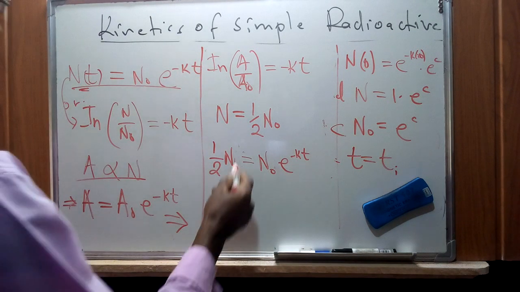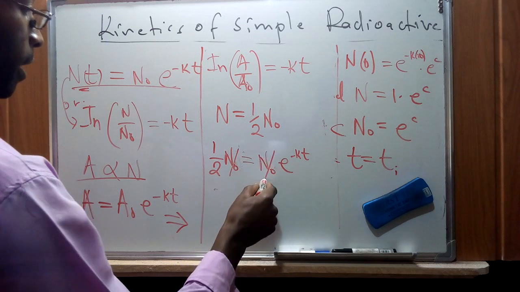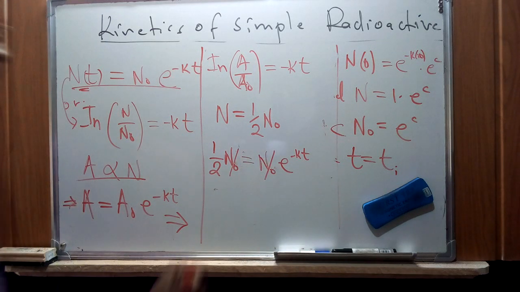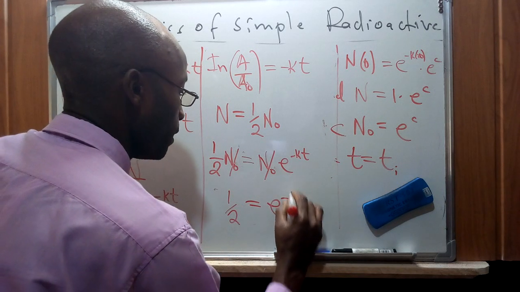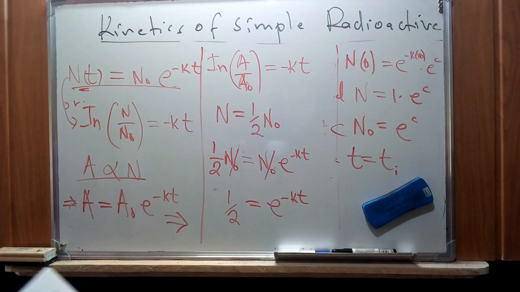From this we can see that these values are the same, so we can do away with them. And then we have a half equals e^(-kt).